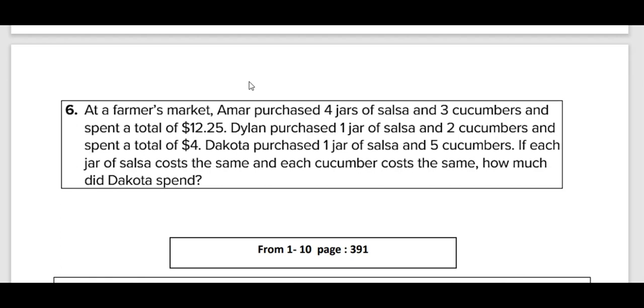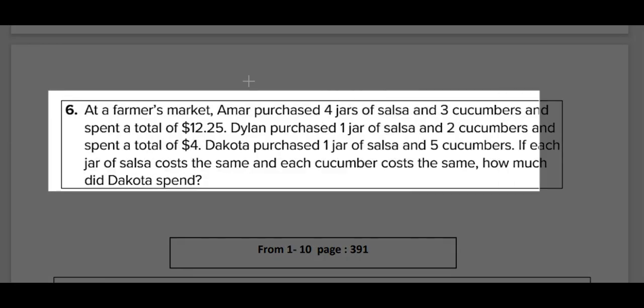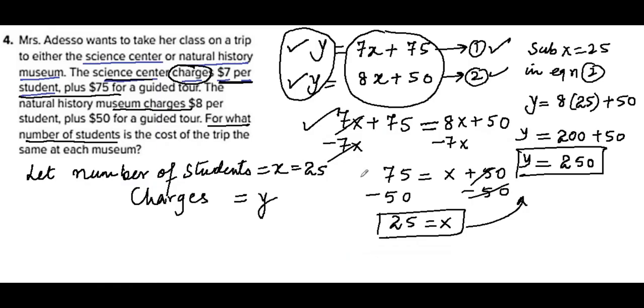Second equation, 1x plus 2y equal to 4. Here we have 3 equations. Dakota purchased 1 jar of salsa and 5 cucumbers. If each jar of salsa costs the same and each cucumber costs the same, how much did Dakota spend? Let me discuss question number 6, because here they're talking about 3 people.